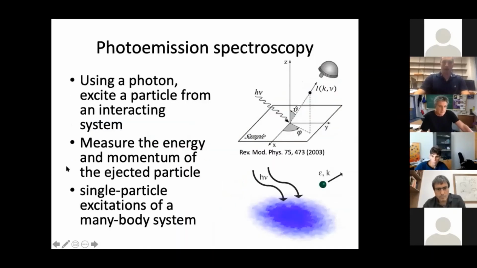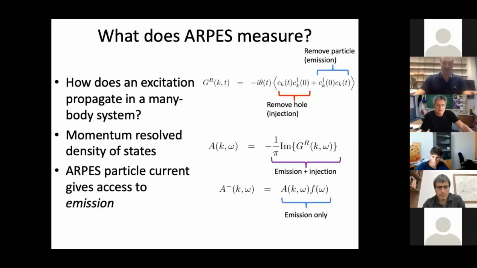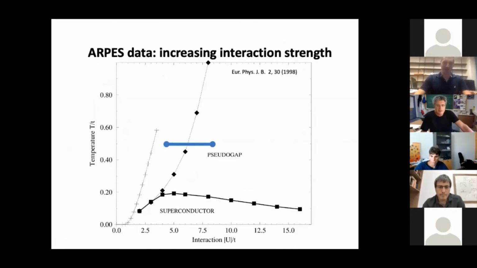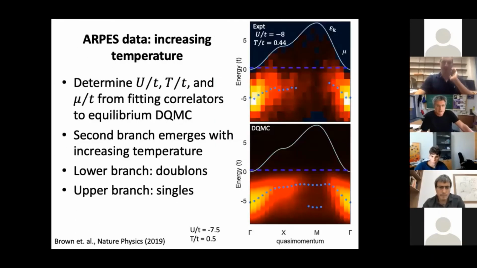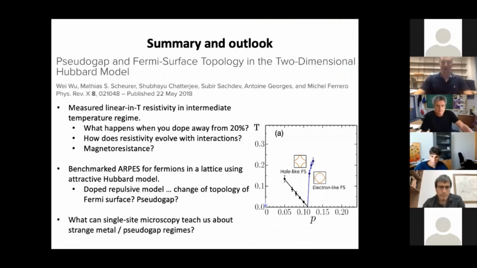I wanted to talk a little bit about ARPES in this talk, but I think I'm running out of time. So let me just tell you that the other interesting regime to explore would be the pseudogap, the regime where you expect a depression in the spectral function near the Fermi surface before you enter the superconducting state.